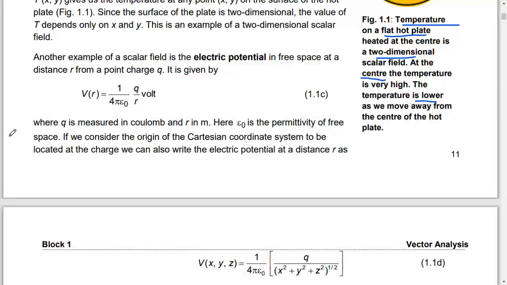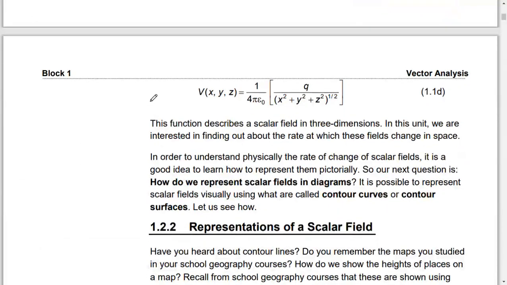If we consider the origin of the Cartesian coordinate system to be located at the charge, we can also write the electric potential at a distance r as V(x, y, z) = (1 / 4 pi epsilon 0) q / (x² + y² + z²)^(1/2). This function describes a scalar field in 3 dimensions.